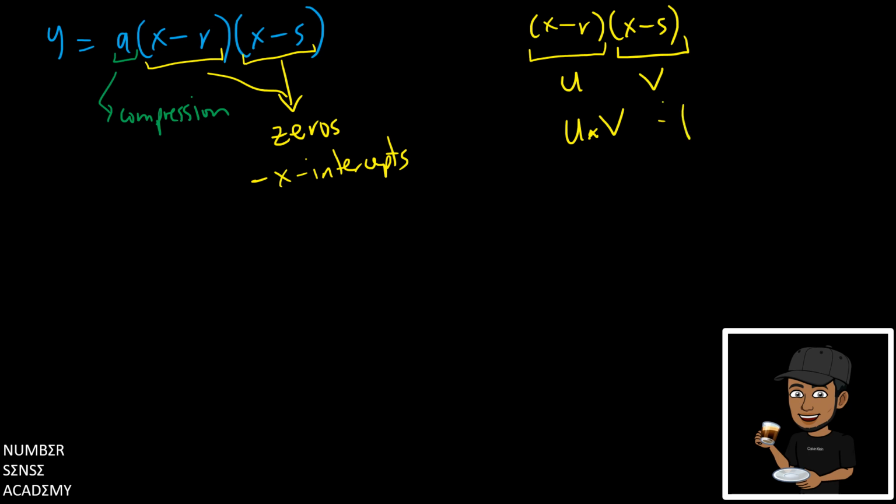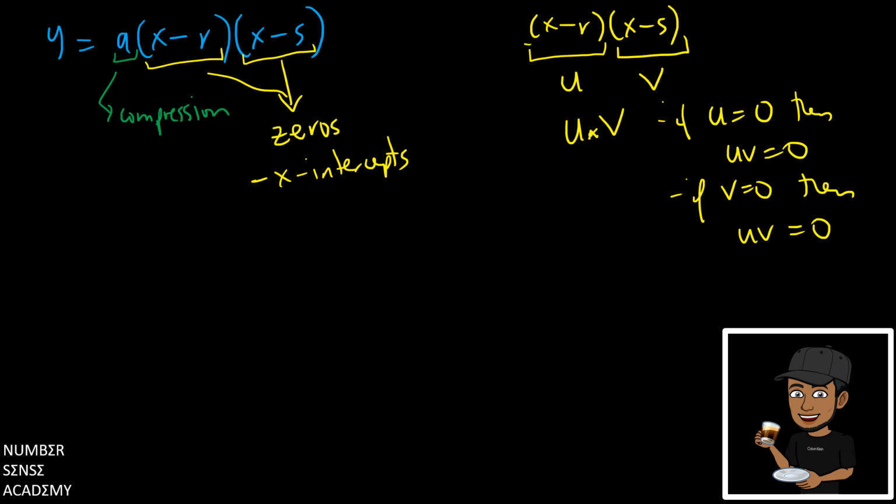If u equals 0, then uv equals 0. And if v equals 0, then u times v is equal to 0. So the idea with these zeros is: what value will make this product 0? That's what we're looking at.